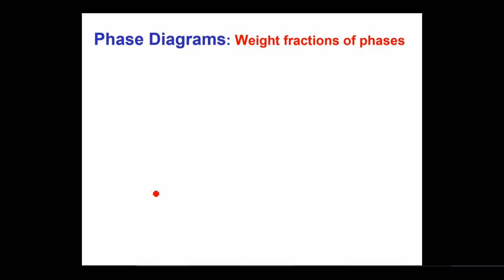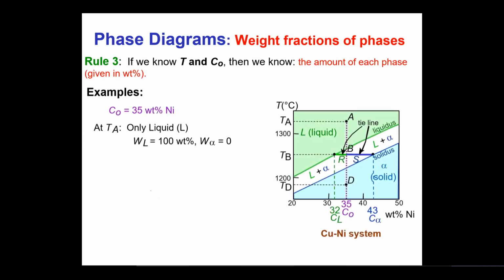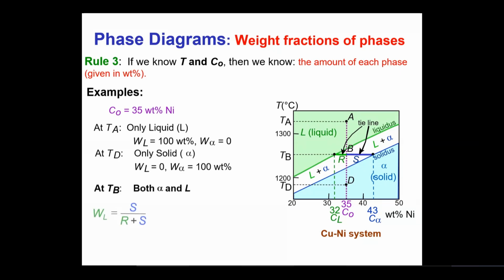The last thing that we looked into was the weight fraction of phases. If you remember, we looked into the tie line and we said that in a two-phase region, which is this region, if we want to find out the amount of both the phases, liquid and alpha, we'll use this tie line.